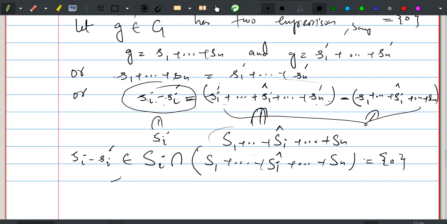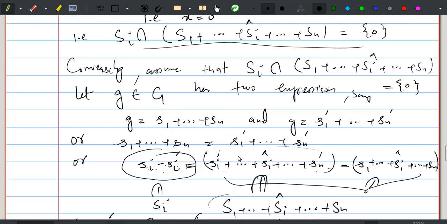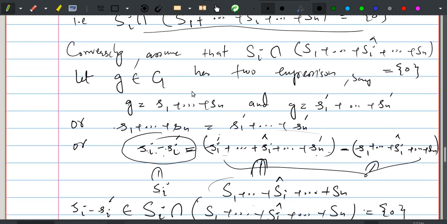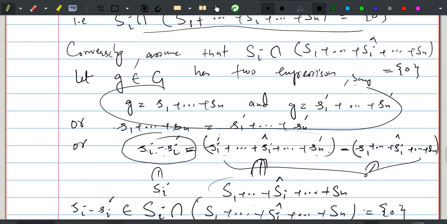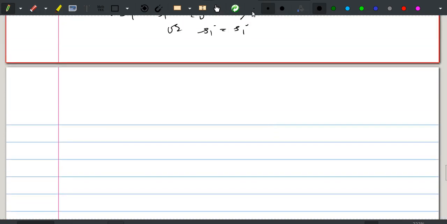So this implies Si minus Si prime is equal to 0, or Si is equal to Si prime. Now since this is true for any arbitrary Si, this is true for all Si's. So this means that these two expressions over here, S1 is S1 prime, Sn is Sn prime, so G has a unique expression of this form. So this completes the proof.